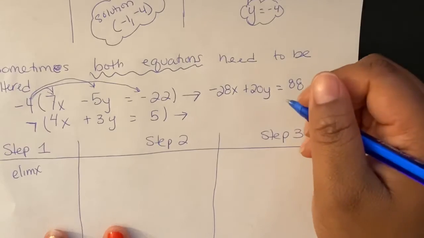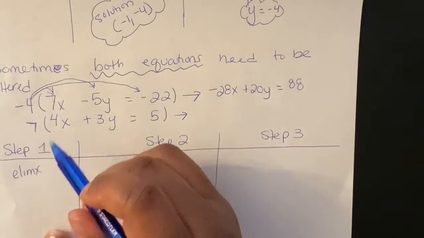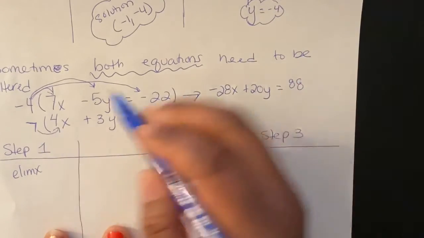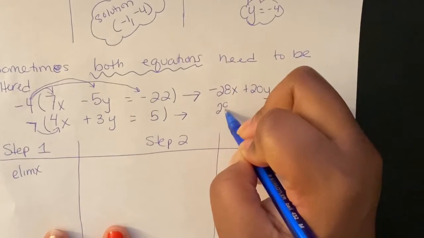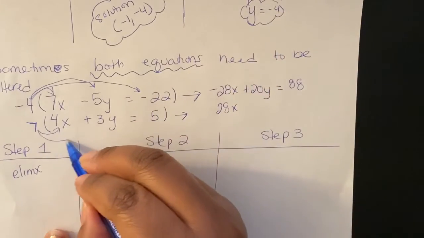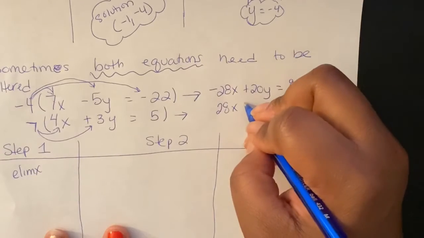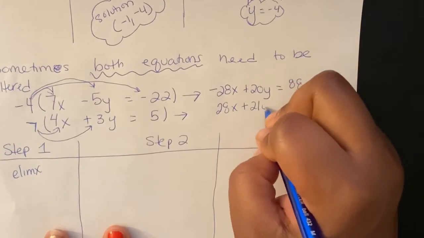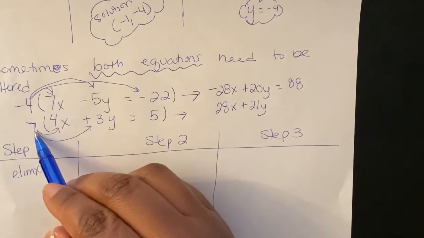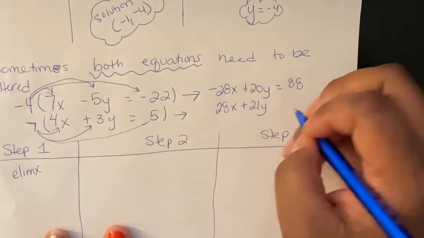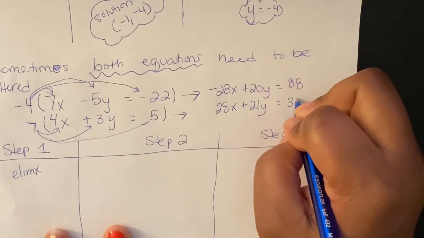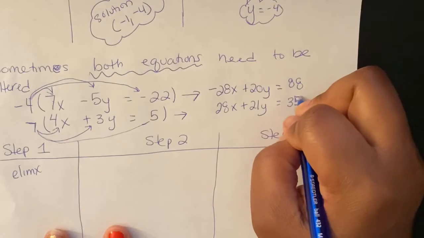Again, use your calculator if you need it. 7 times 4x is going to be a positive 28x. 7 times 3y is going to be a positive 21y. And 7 times 5 is going to be a positive 35. Okay.